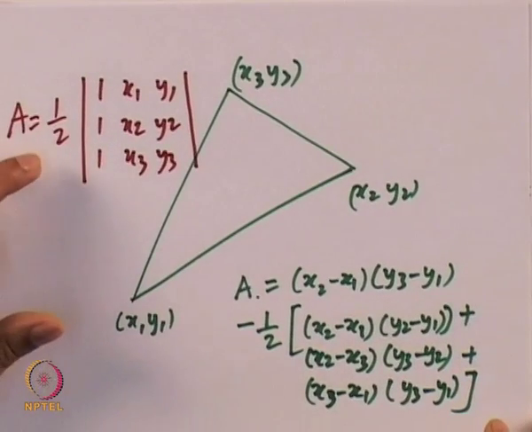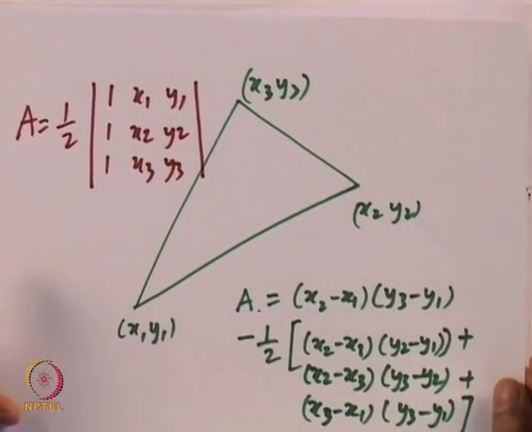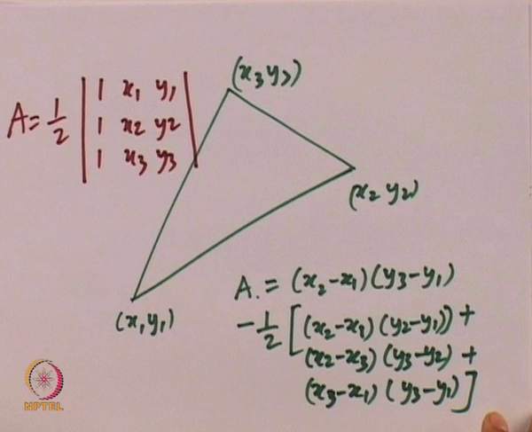So once you do the determinant and take half of it, this will be the value of the area of the triangle. Similarly, for the basis functions, we are assigning, let us say, linear elements.